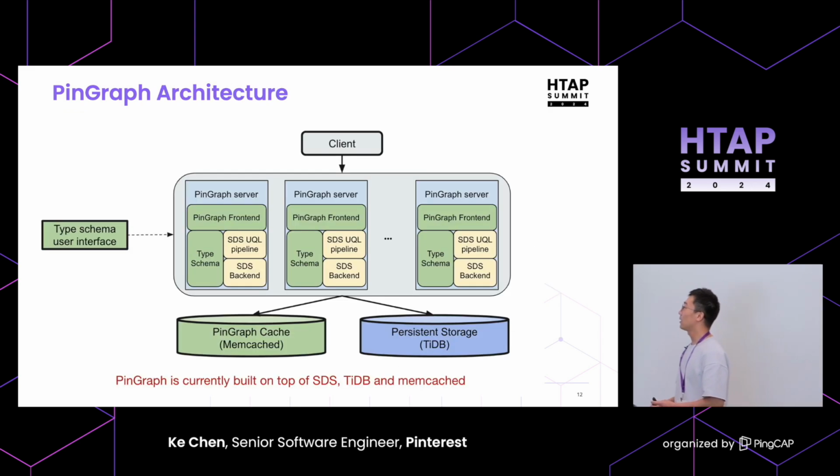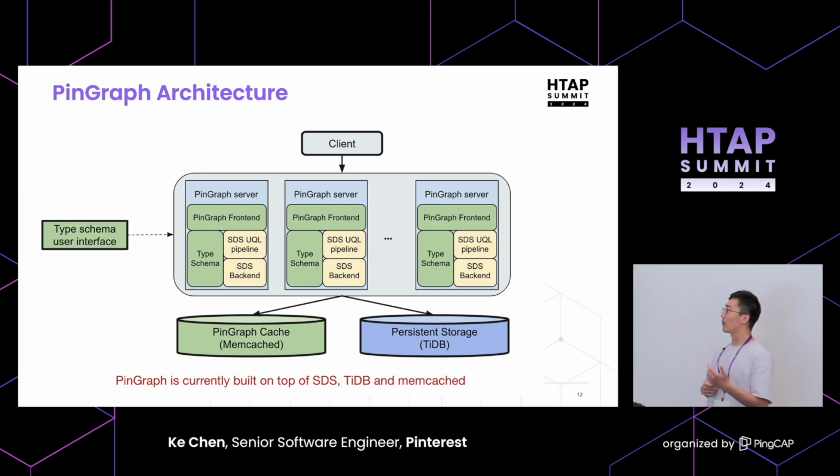Here's a high-level diagram of the PinGraph system. We'll probably go into details of each component later, but at a high level, it's worth mentioning that there is a PinGraph front end and there is an SDS back end. The terminology of front end and back end is from SDS, our new unified framework to support multiple data models.